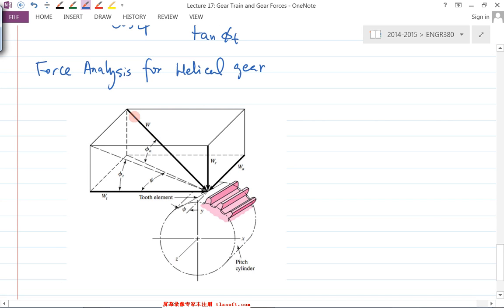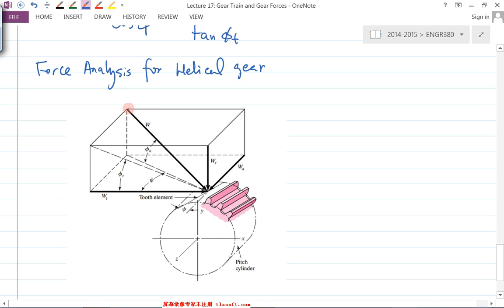It's going to be perpendicular to the surface it's acting on. That makes sense, right? Now, if this is the gear here, and it's acting here, it's not in the same plane as this front view.